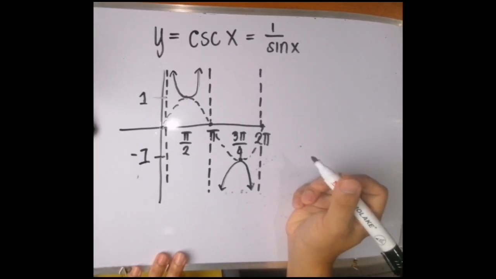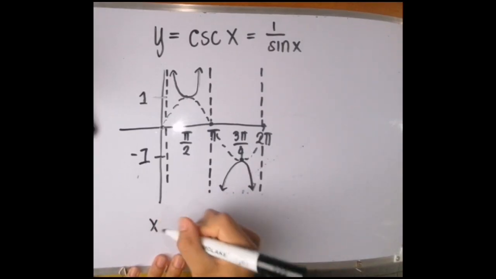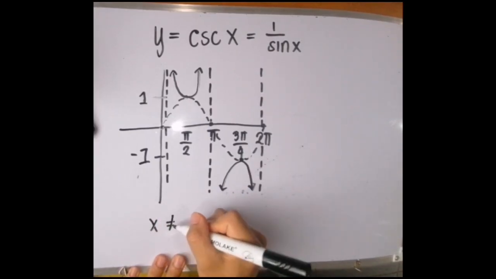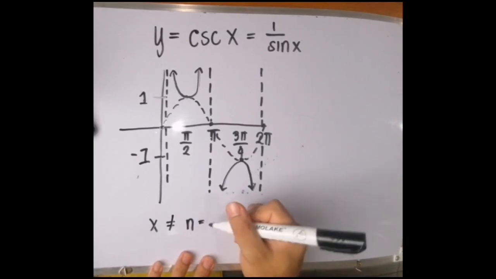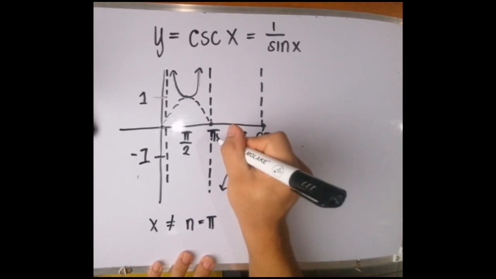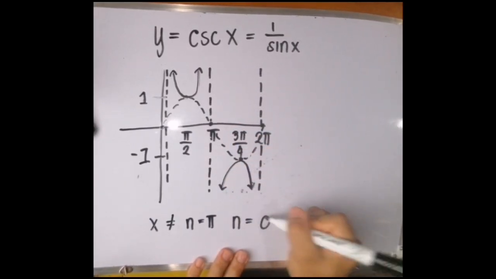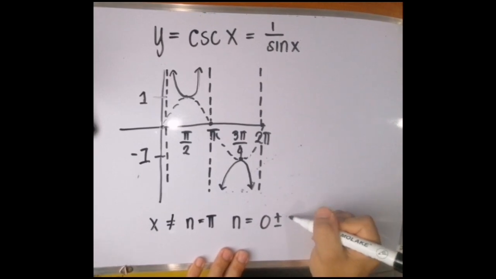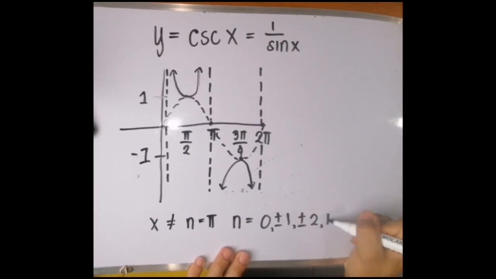The domain of this will be x not equal to n pi, where n equals 0, plus or minus 1, plus or minus 2, plus or minus 3, and so on and so forth.